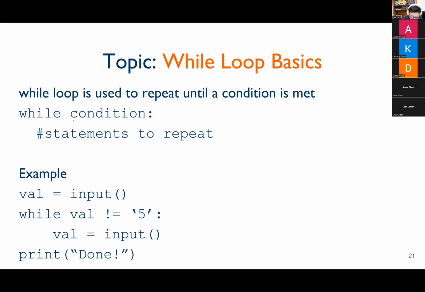If this condition is true, then I would stay in here. But if it's false, I would get out, right? That is the idea. Are there any questions about this?